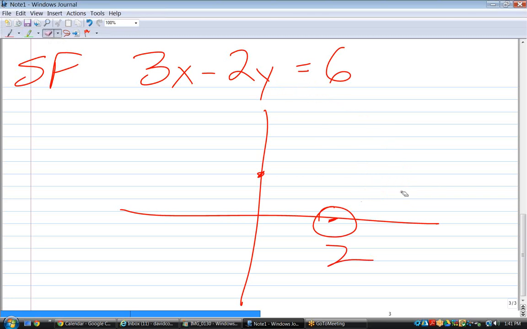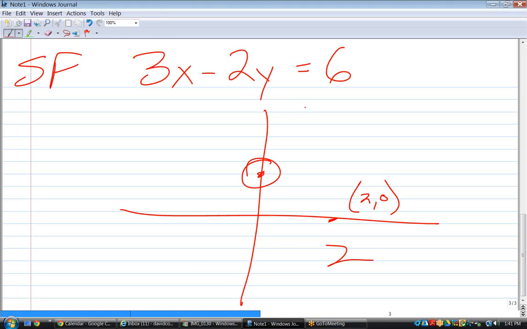Now let's go back and figure out what the y-intercept is. How do I get the y-intercept? Plug 0 in. Yeah, put 0 in for what? x. Okay, so what do you get when you do that? 3.